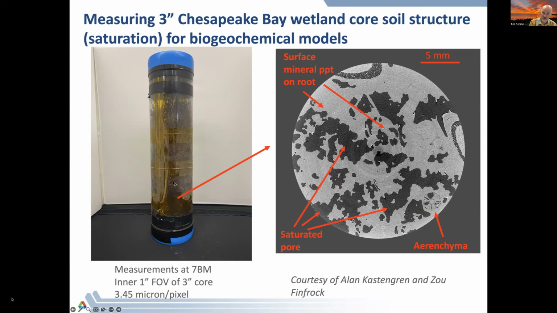And you can see now the inner 1-inch diameter of this core. It was imaged whole, so this is a 3-inch core, and we just focused tomographically on a 1-inch slice through the middle. We can see the pores that were there. Again, we're only at 3.5 micron spatial resolution, but we can see the fact that these cores are fully saturated in this system. And the plant roots are showing up, the ones that are mineralized on the outside.